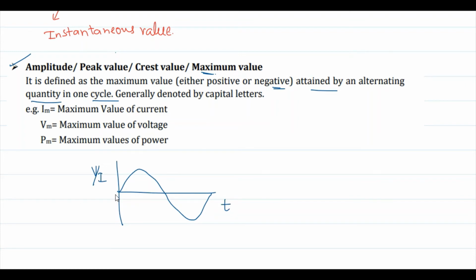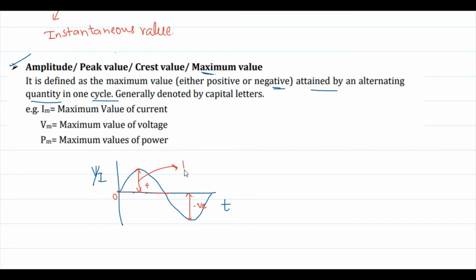Here, at time t equal to 0, its amplitude is 0. At a certain time, its amplitude will get maximum in a positive cycle or in a negative cycle. In both the cycles it will reach a maximum with respect to the zero amplitude value.